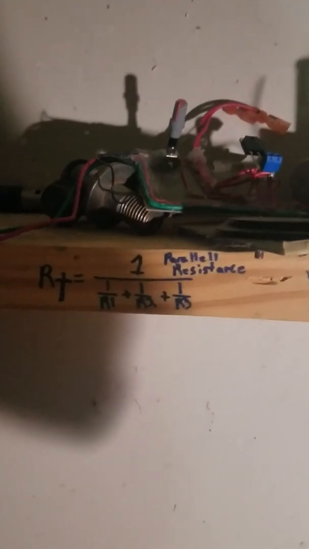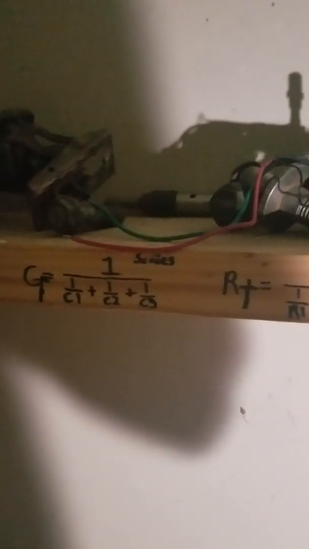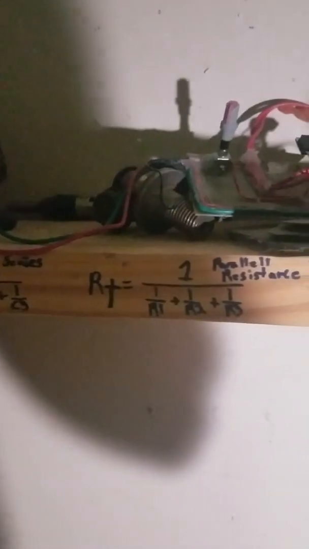Then you divide that by 1, and that equals your total capacitance. Your parallel resistance is the same way as your series capacitance. That's what they have in common.